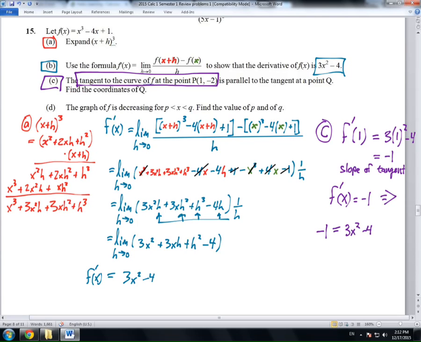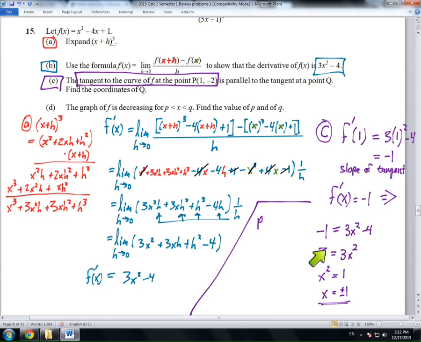If the slope is negative 1, then I can set negative 1 equal to my derivative and find the other place where the slope is also negative 1. In other words, this derivative will tell me the slope of the tangent line. I want to know when else will the tangent line have a slope of negative 1. So I ask it, equation, when do you equal negative 1?